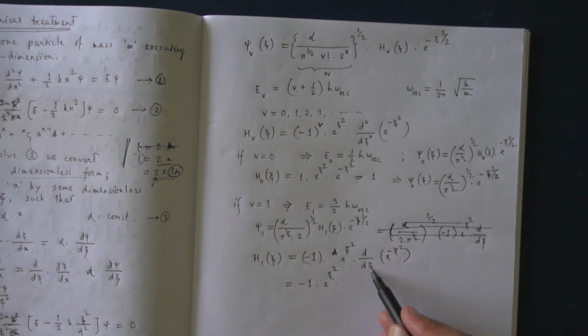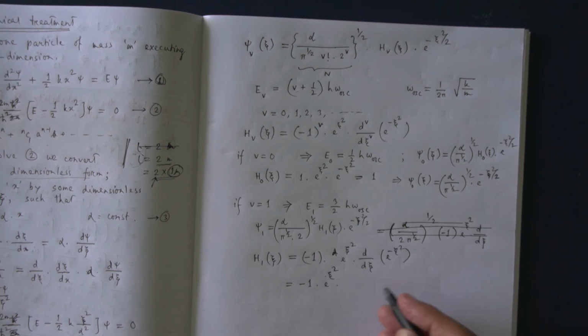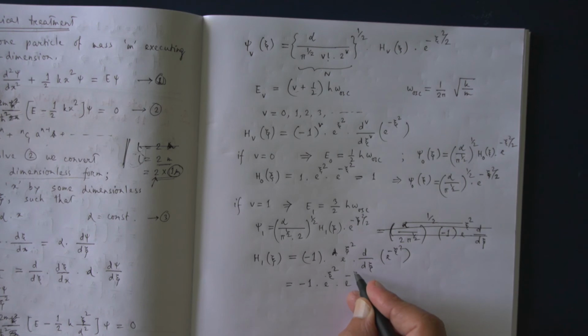Now d dx e to the power x equal to e to the power x, e to the power x into 2 xi.